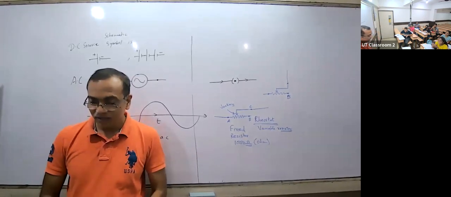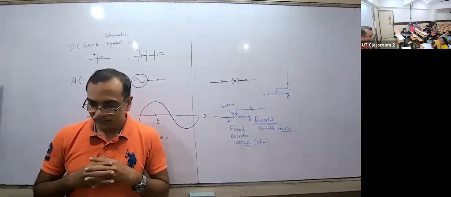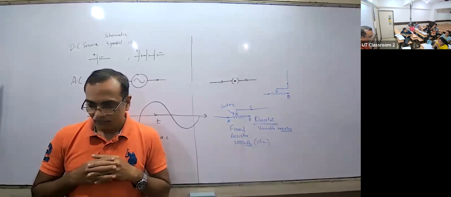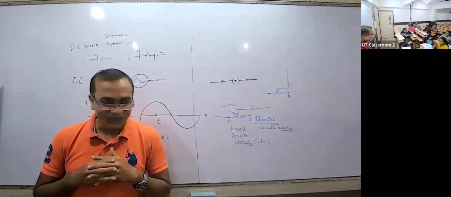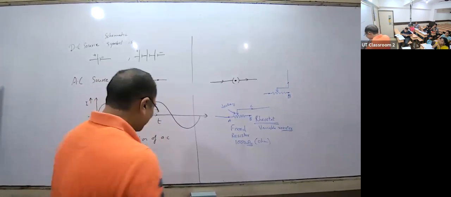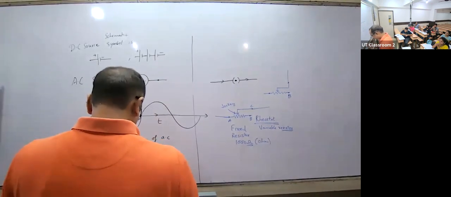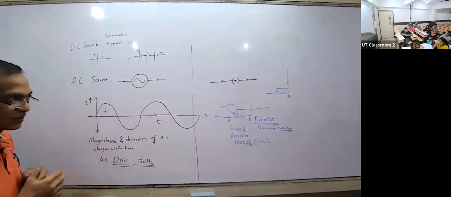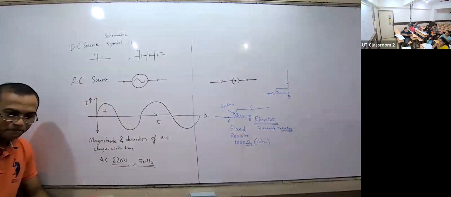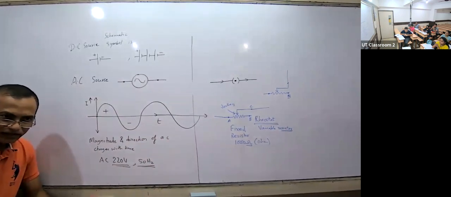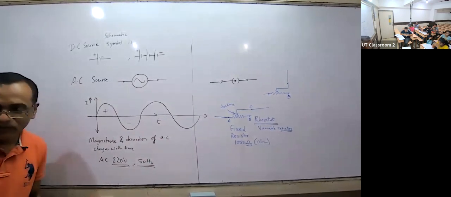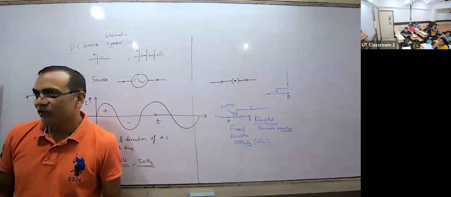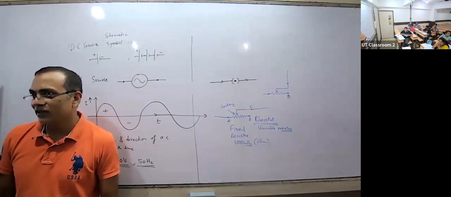What is the difference? Tell me. Now tell me. So tell me. You were not listening, right? So what do we call this? You were hearing not listening, or you were listening not hearing?